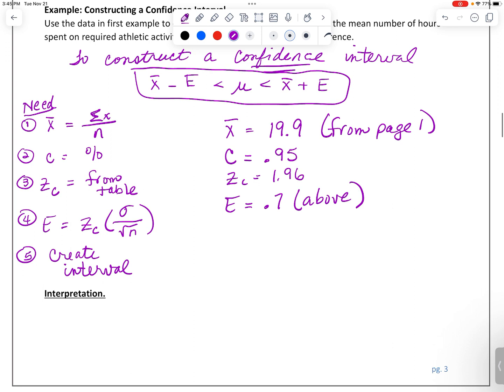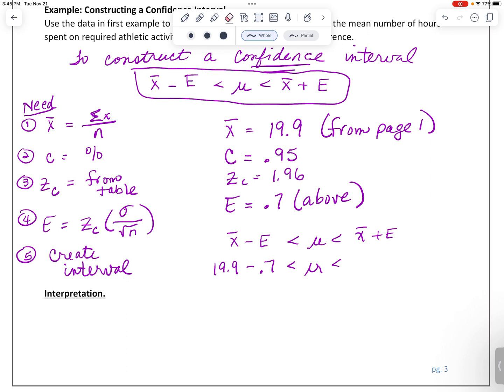So now we're putting it all together, and we're going to build a confidence interval, which says x bar minus my E is going to sandwich, or is less than, my mu, and then the x bar plus E. So it's going to sandwich it together. So I have 19.9 minus 0.7 is less than the mu, and then the 19.9 plus the 0.7.